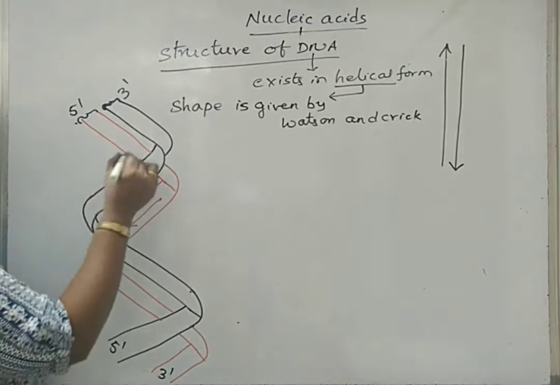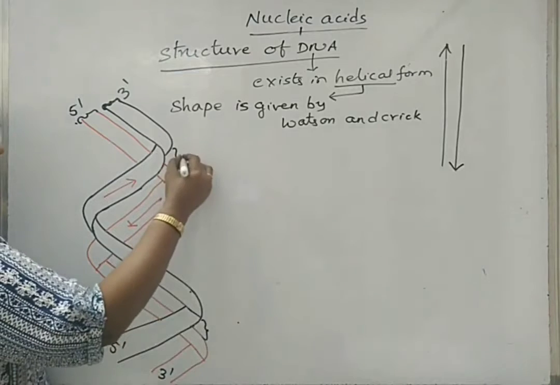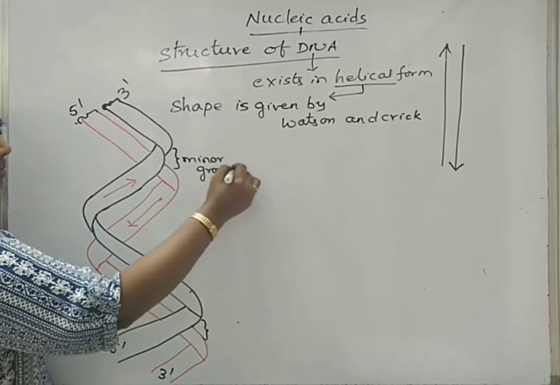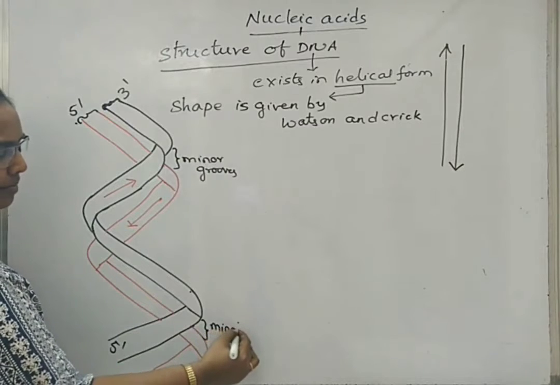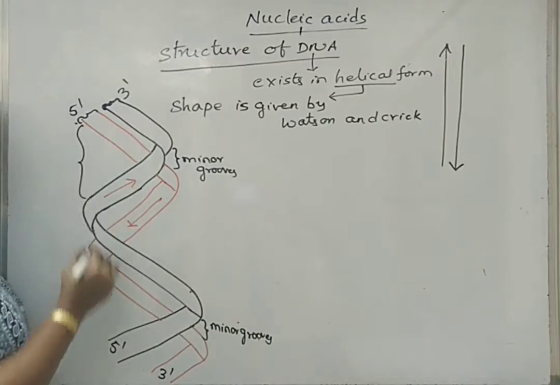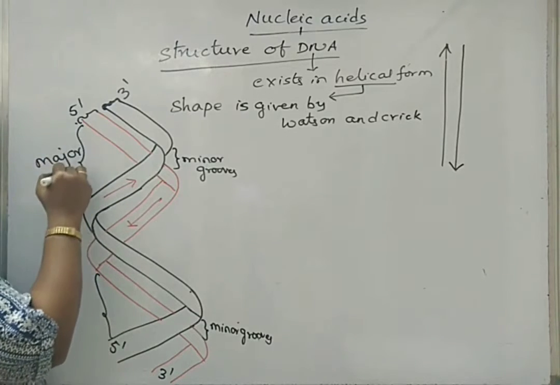Now, there are small grooves here and here. These are called minor grooves. There are very big sized grooves here. These are called major grooves.